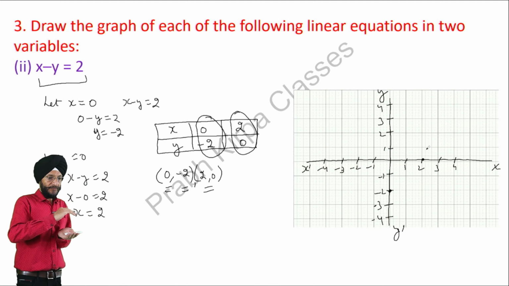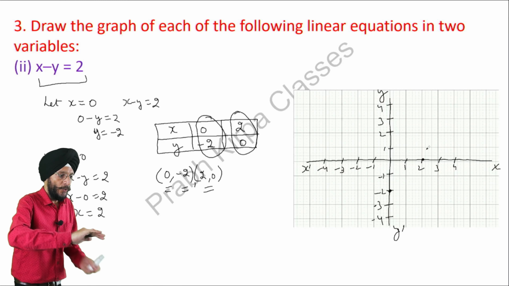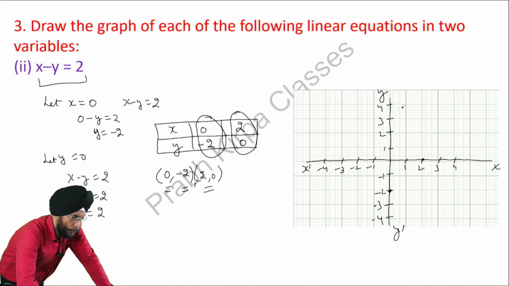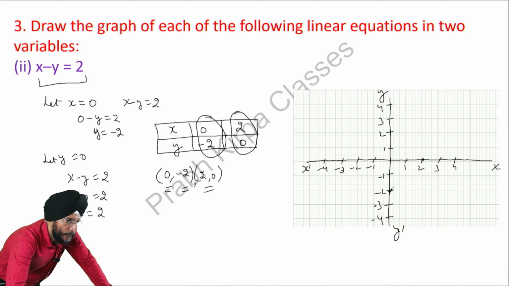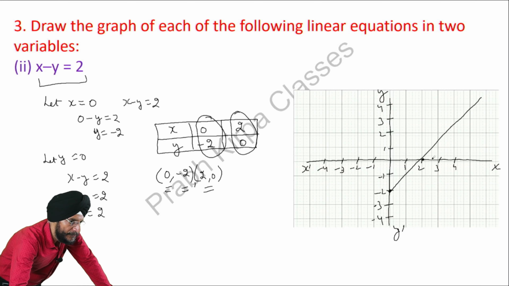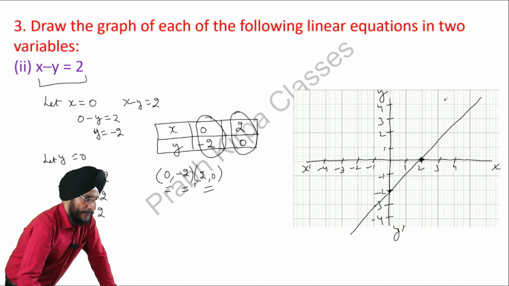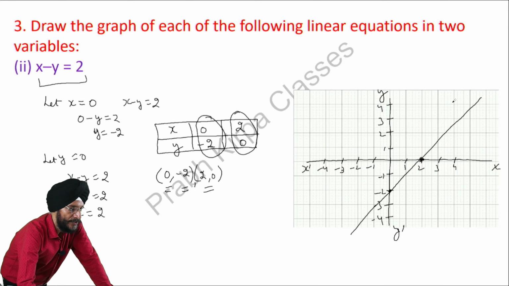Now we are to join both these 2 points. Now it will be something like this. Now what is the equation? It is x minus y is equal to 2. We will write here.